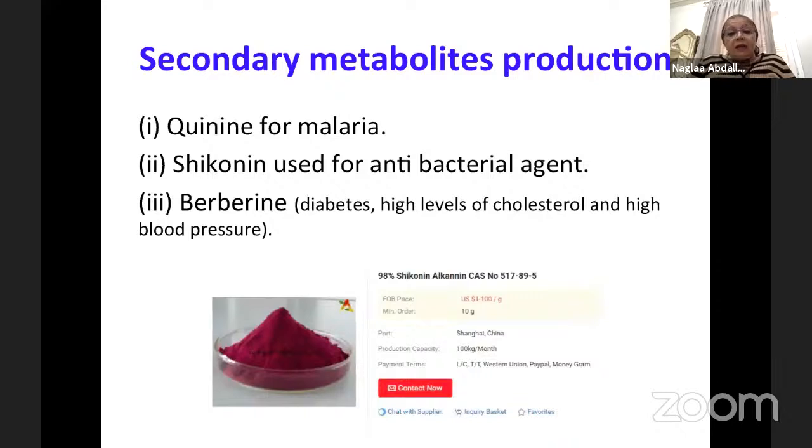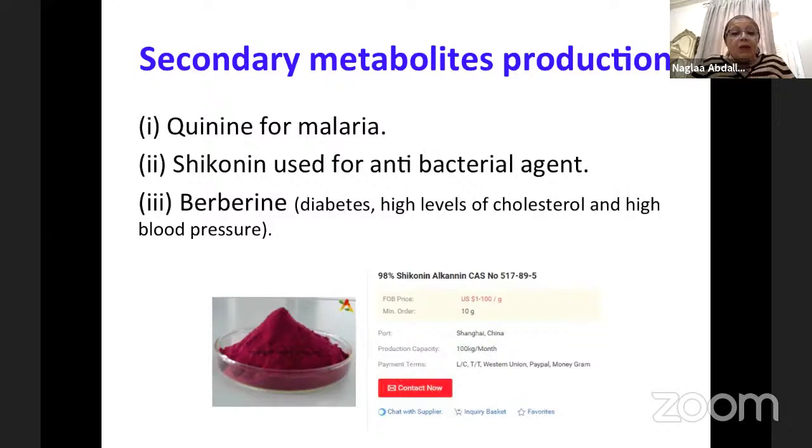The other application of tissue culture is secondary metabolite production. This technique is very important for industrial purposes. It has been used for several years for the production of different industrial and medicinal products, like quinine for malaria.